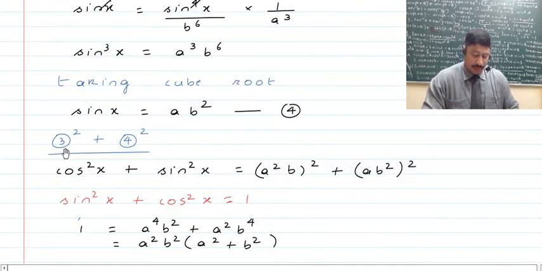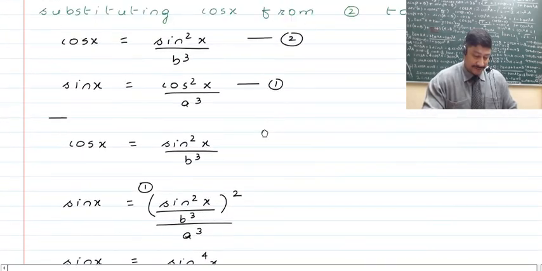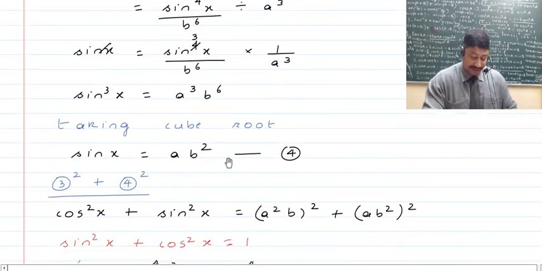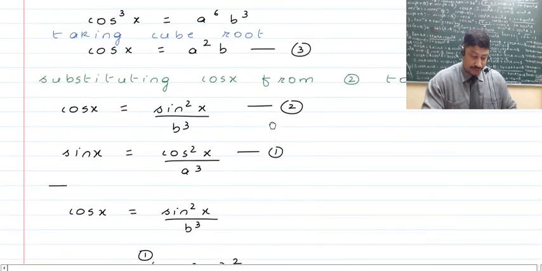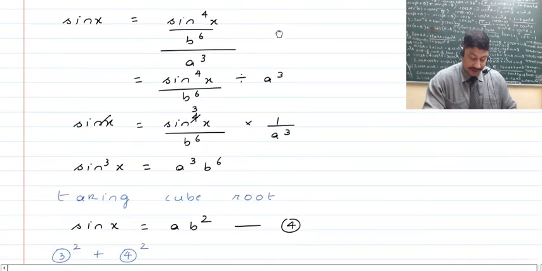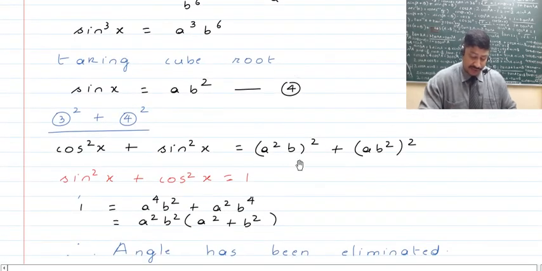So when we square the third equation and we square the fourth equation and add them, we will get cos square x on the left hand side, plus sine square x on the left hand side, which will become equal to a square b whole square, right, which is the right hand side of the first equation, plus a b square whole square, right, which is now the right hand side of the fourth equation.